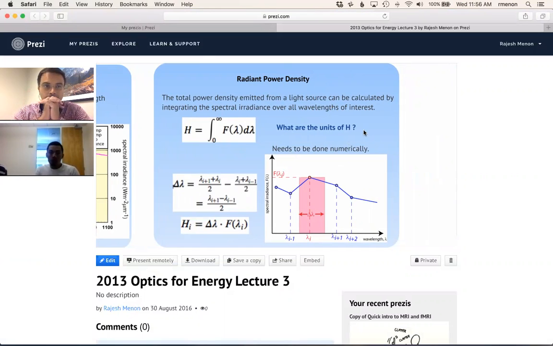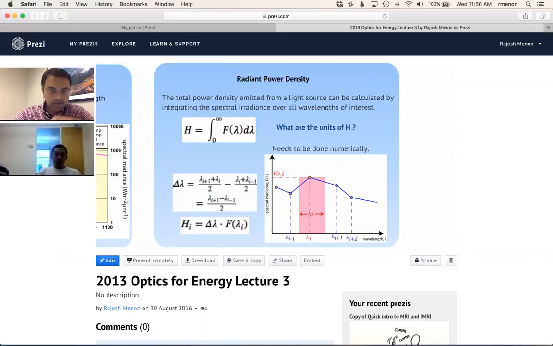And you can think about this. F times lambda. Yes, so what are the units of F? F is spectral irradiance. Microwatt per meter squared. That's it.